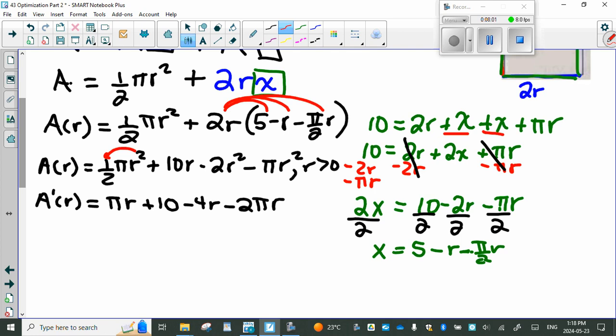Okay, so now we want to set this equal to 0 and solve for r. So what we want to do is get all our terms with r on one side and our terms that don't have r on the other. So we can common factor that r out.